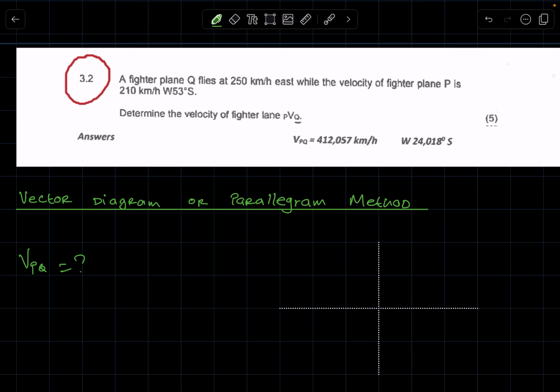And Q being our frame of reference, we are going to draw in a direction opposite the one that's been given. The one that is given for Q is east, meaning that we are then going to draw our vector Q west, seeing that west is opposite of east.